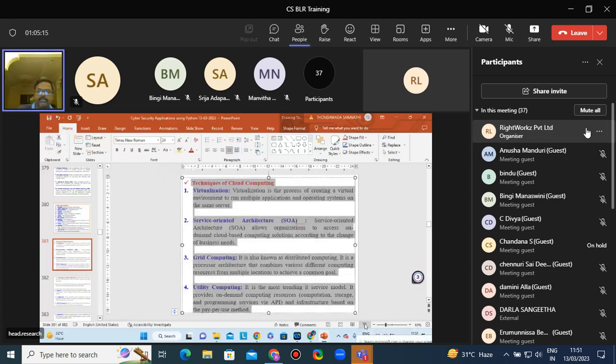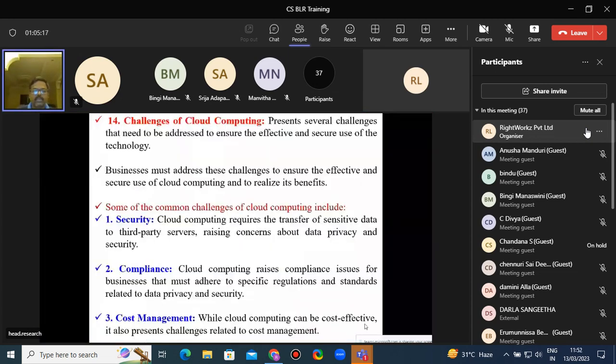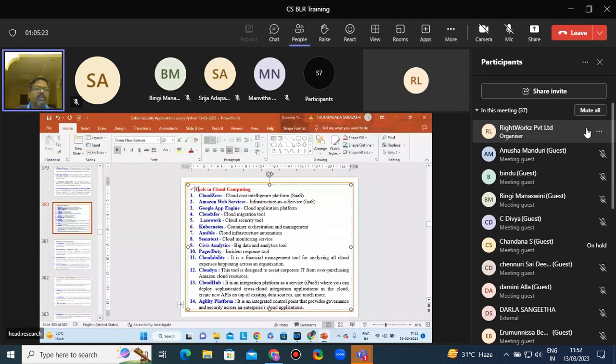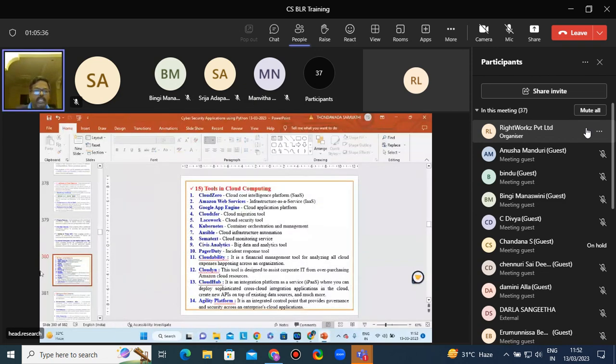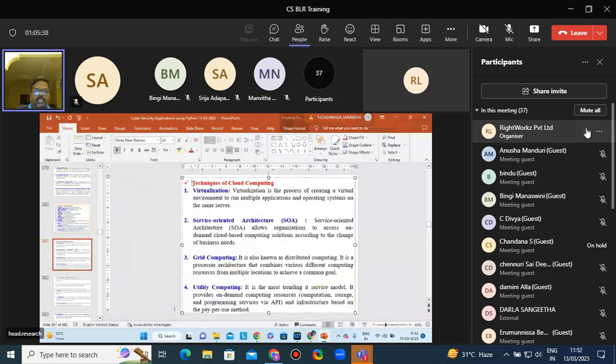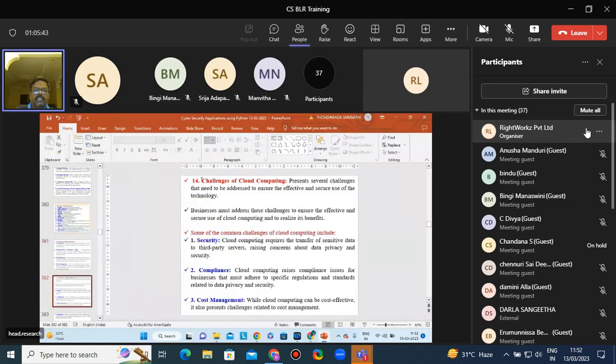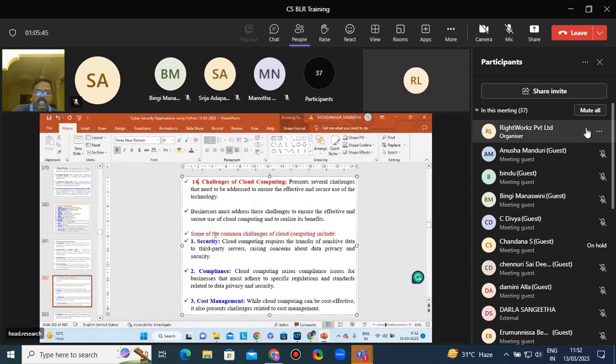Next, challenges of cloud computing. The 16th one is techniques, then the 17th one is challenges.